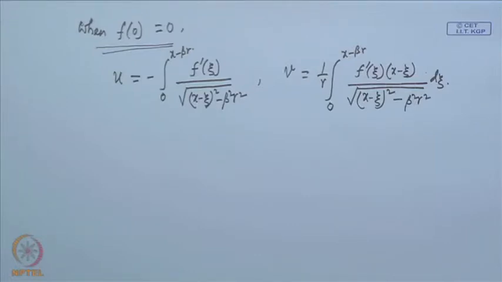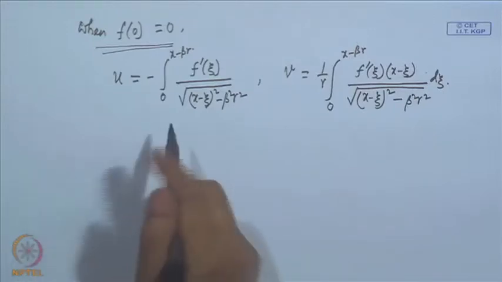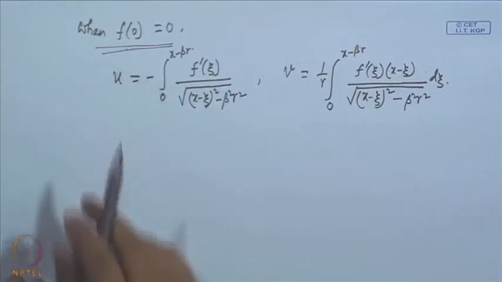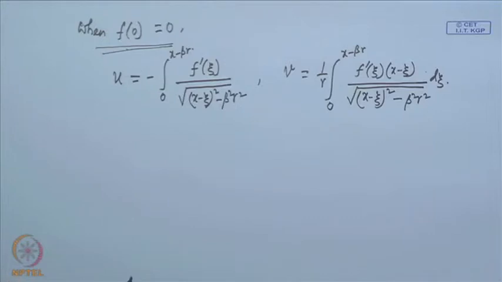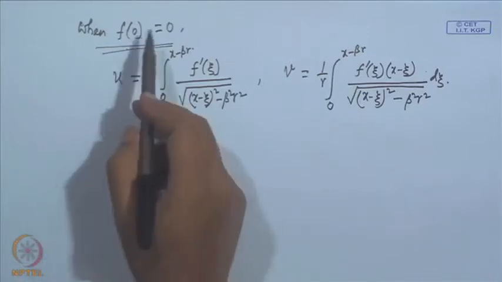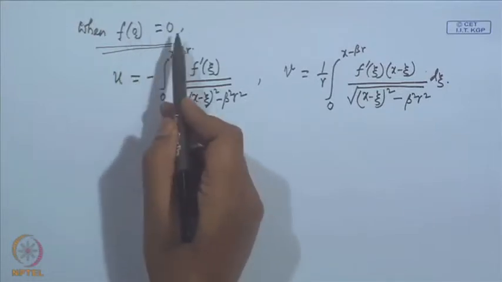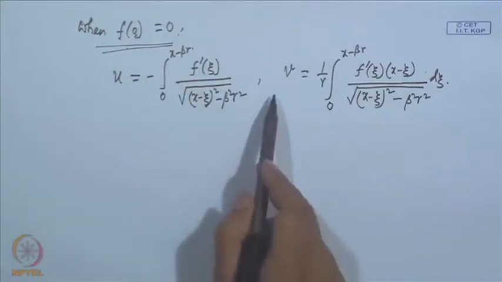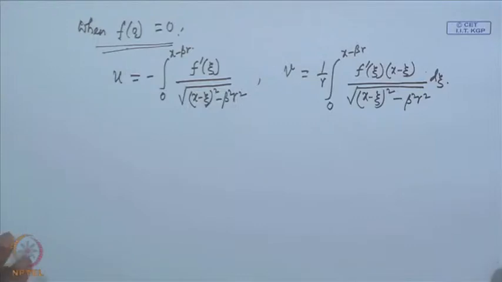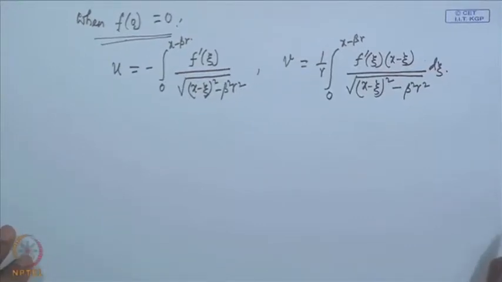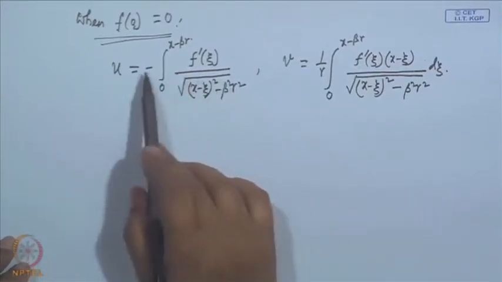So, to simulate flow over a body with thickness, we always use a source distribution. So, here also that is vindicated: if there is no thickness at the nose, then the source strength at the nose or at the origin becomes 0, and these are then the velocity components.